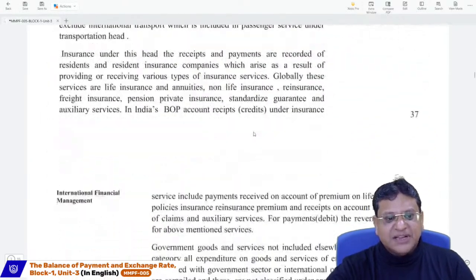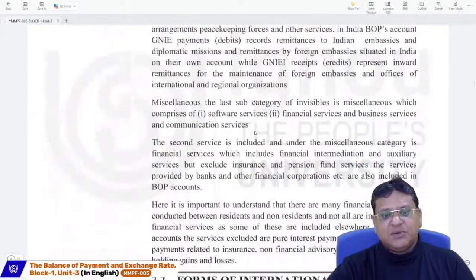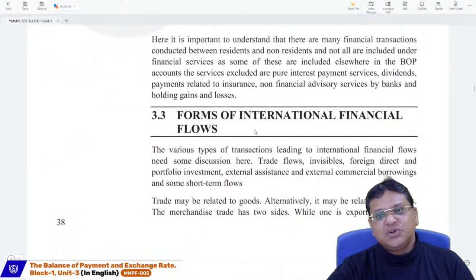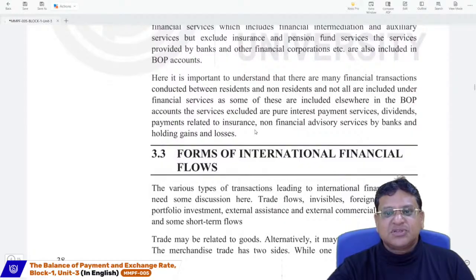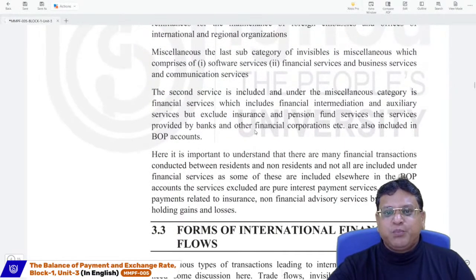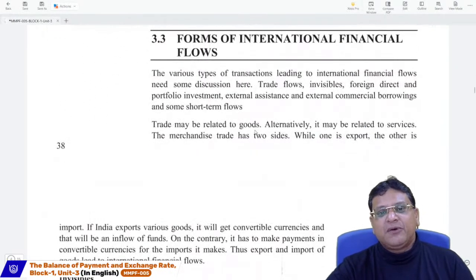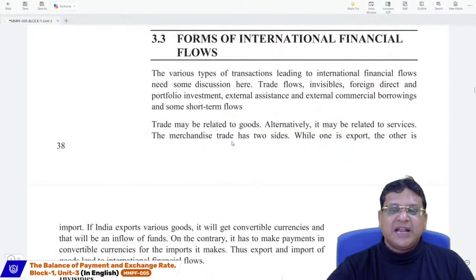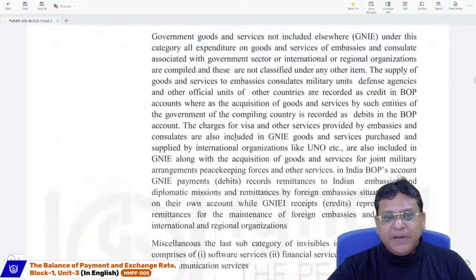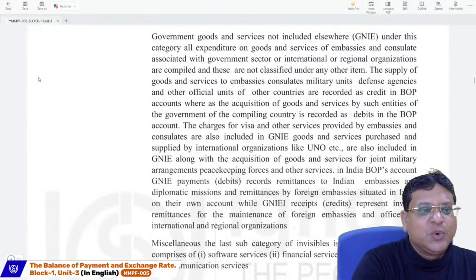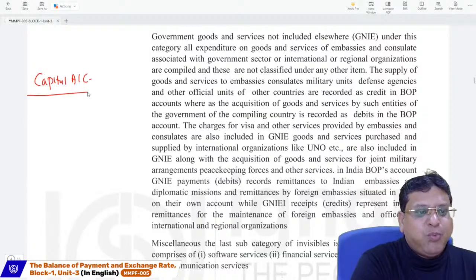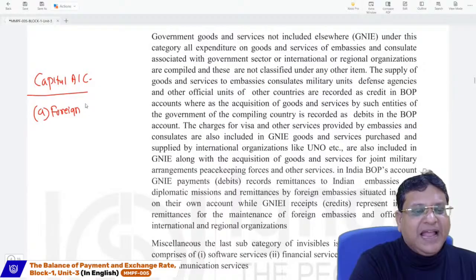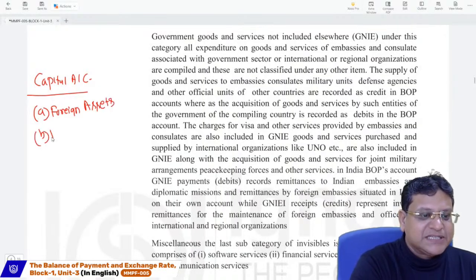Next, we will discuss capital account transactions. What are capital account transactions? Transactions are related to foreign assets and foreign liabilities.